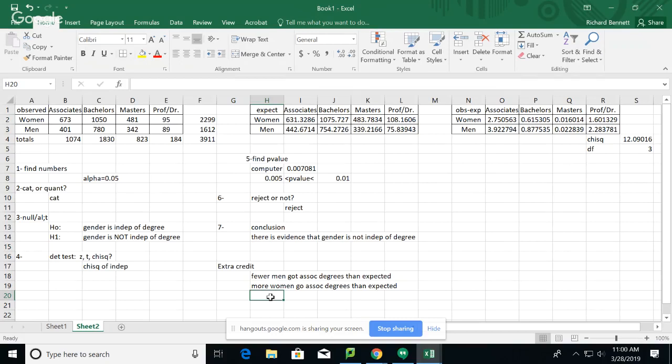More men are getting professional degrees than expected. So here's the key takeaway: men are getting fewer associate's degrees and more doctorate degrees. That's kind of interesting, yes?